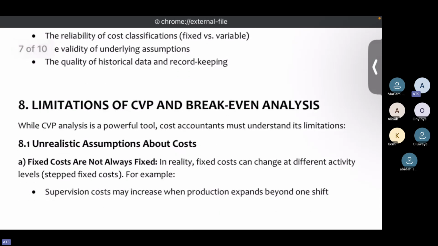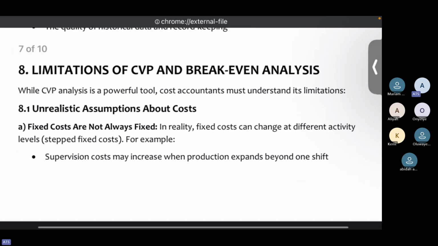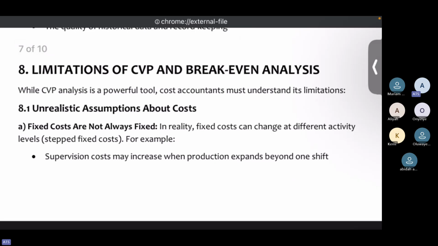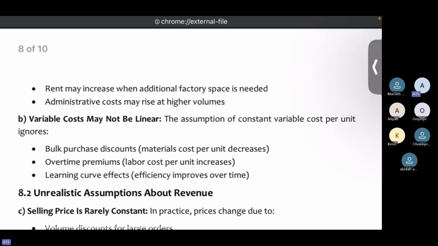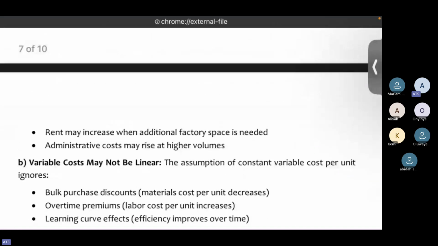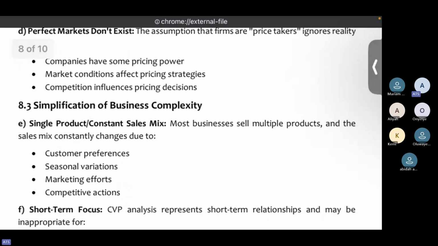So the limitations, some of the limitations of CVP and break-even analysis are that they hold unrealistic assumptions about revenue, about costs, and they simplify businesses that are very complex.